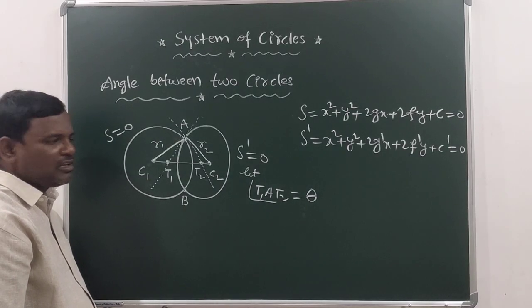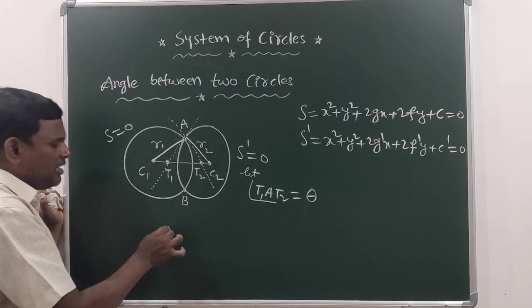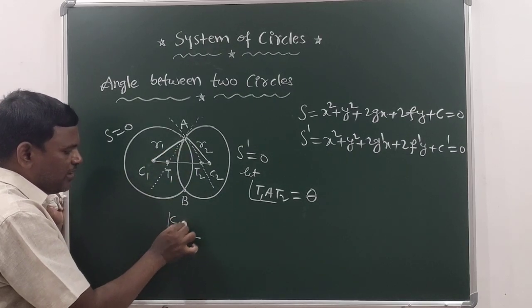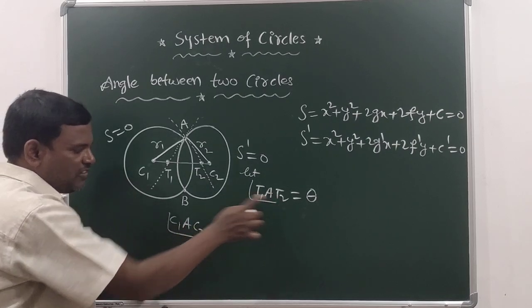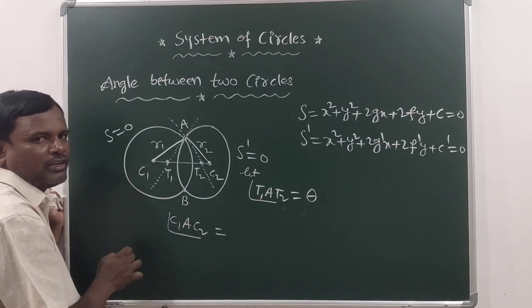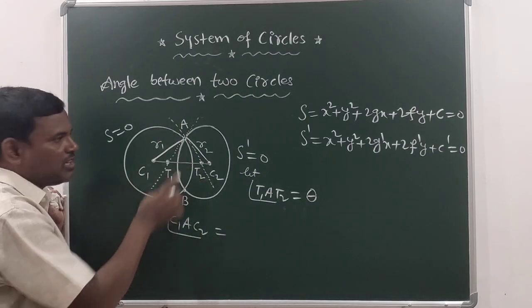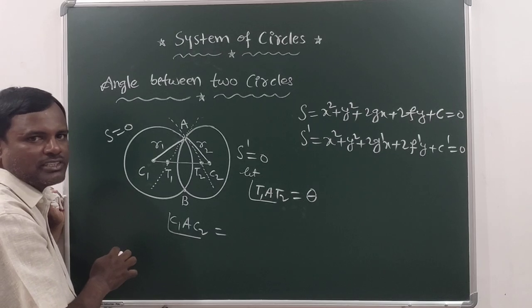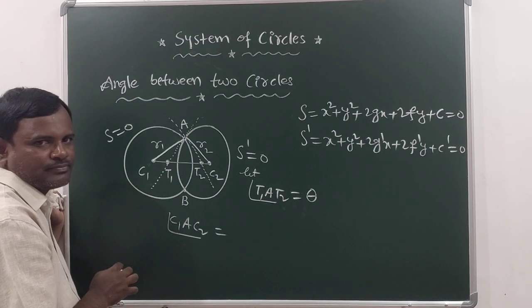Okay students, right. Now see here I am measuring angle C1 A C2. This is different from this. Observe carefully. What is this? Angle between the tangents drawn at this point of intersection for both circles.